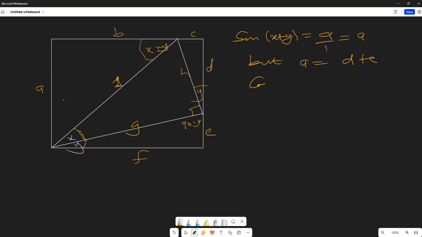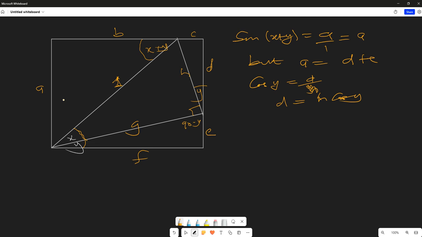So cos Y is equal to D over H. Making D the subject, D is equal to H cos Y. We don't want H to be there, so we'll find an expression for H by using this triangle.